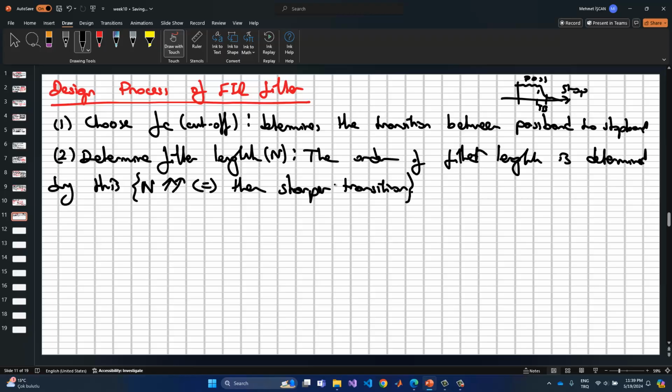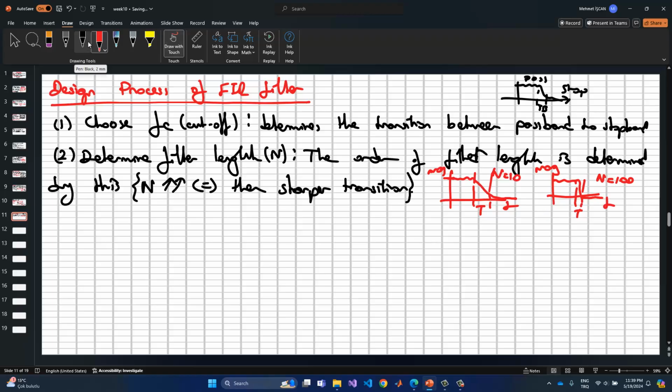For example, in a Bode plot, if we choose the order of the filter N as 10, and the other as 100, with magnitude against frequency, we have this kind of sharp transition, but with 10 we have this kind of wider transition region in the frequency range.